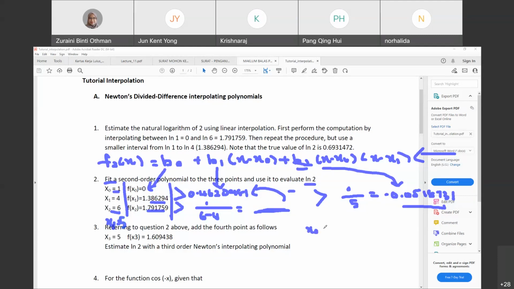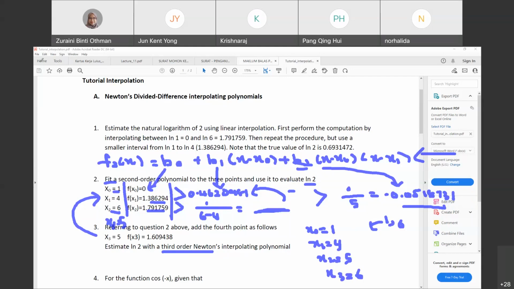Iaitu X0 kita sekarang bila dia suruh tambah ni ke atas, dia akan jadi X0 1. X1 ialah 4. X2 ialah 5. X3 ialah 6. Lepas tu do the same thing. Cari B0 nanti. Lepas tu sebab dia third order, maksudnya kita kena cari sampai B3.